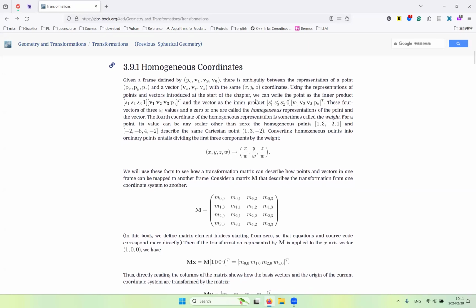So we can represent a point as the inner product of the vector x, y, z, and 1 with the frame, and the vector as the inner product of x, y, z, and 0 with the frame. This additional coordinate is called the homogeneous coordinate, and the fourth coordinate is sometimes called weight. Converting a homogeneous coordinate back involves dividing by W.